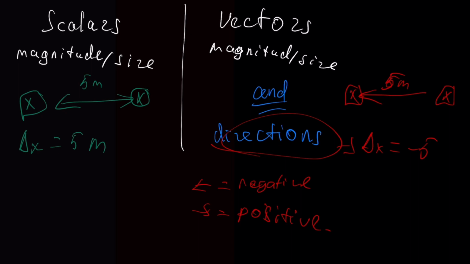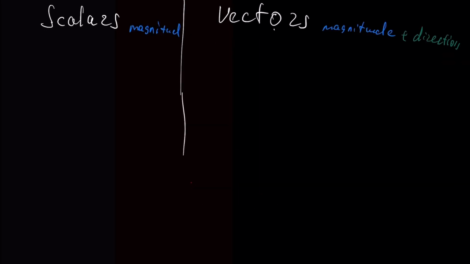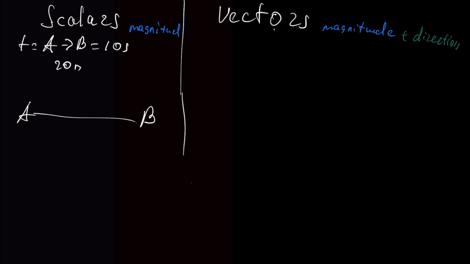Okay, let me just clear out. The time it takes to move from point A to point B would be, let's say, 10 seconds, and the distance would be 20 meters, let's say, A to B. So in 10 seconds we're going to move 20 meters, which shows us the speed.